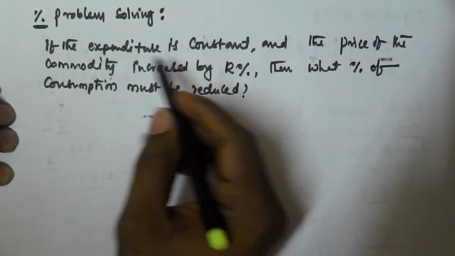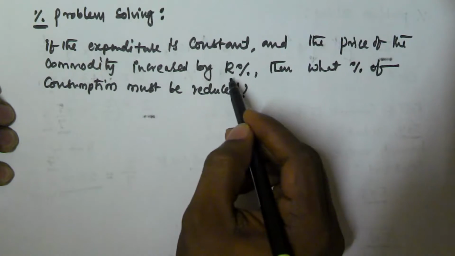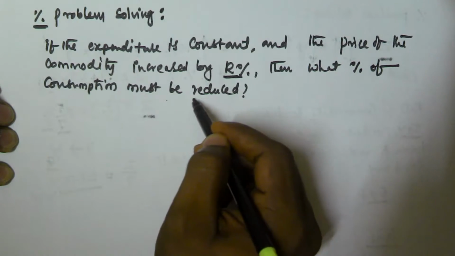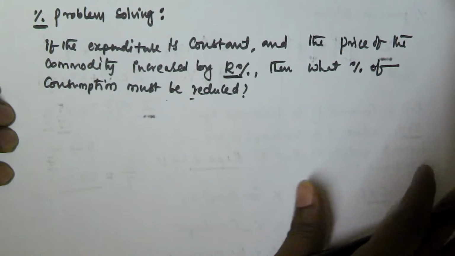Okay, the problem is: if the expenditure is constant and the price of the commodity is increased by r percentage, then what percentage of consumption must be reduced to keep expenditure constant.